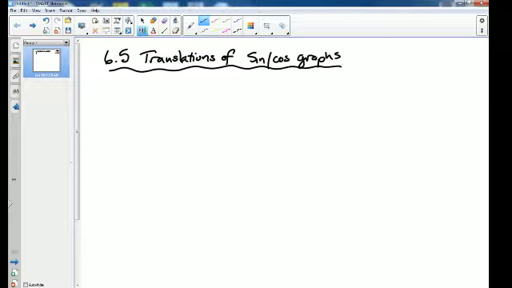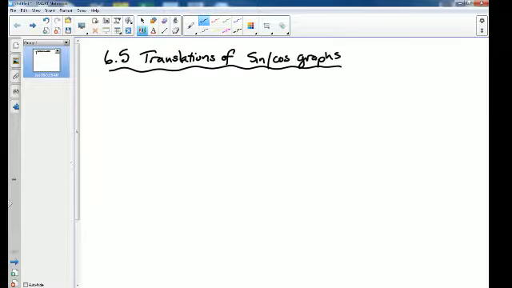This will not affect your music graphs at all. You've learned everything you need for those. The reason I show you this, first of all, it goes right with our parent functions learning. You should be able to drop it right in there. The horizontal and vertical translations are the same method as parent functions.